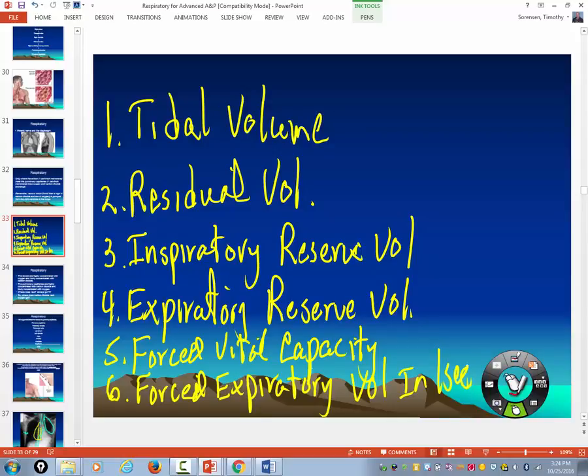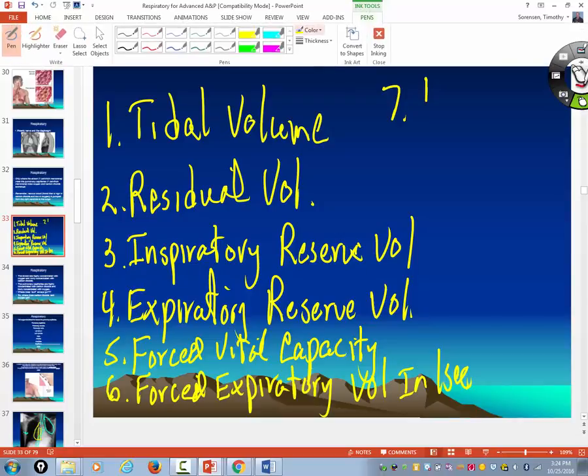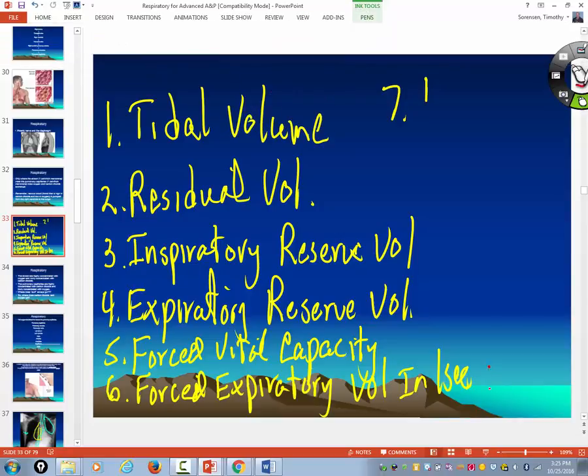And then you'll have to understand the ratio of this forced vital capacity to the forced expiratory volume in 1 second, that is abbreviated FEV1, and then forced vital capacity is abbreviated FVC. So what physicians want to know is, in forced vital capacity, how much air can you take in and maximally blow out with one breath?